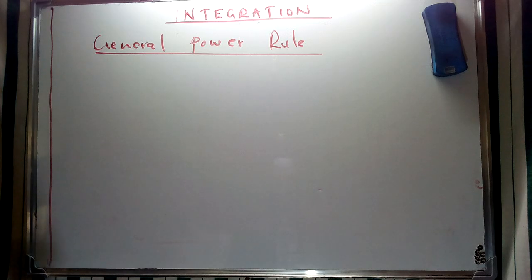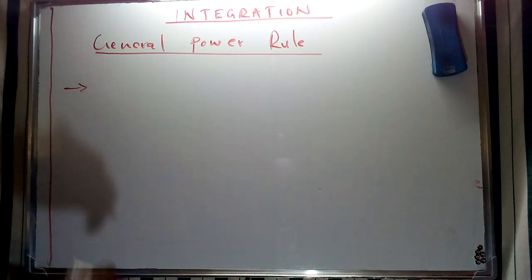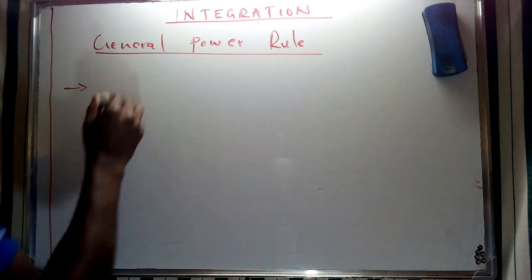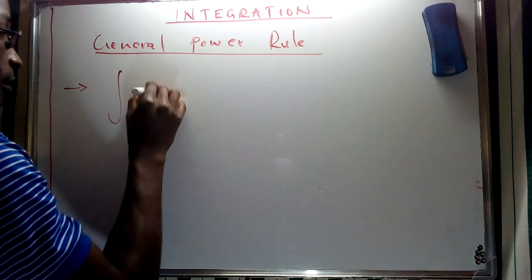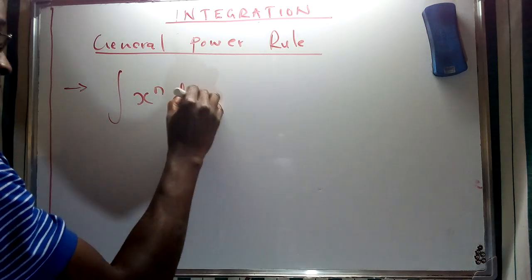So for today, I'm going to just remind us of the power rule, what we refer to as the simple power rule, and how we can relate it to the general expression for the power rule. In our first case, we are given the simple power rule for integration as the integral of x^n dx.